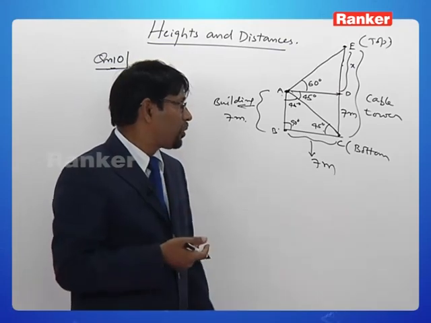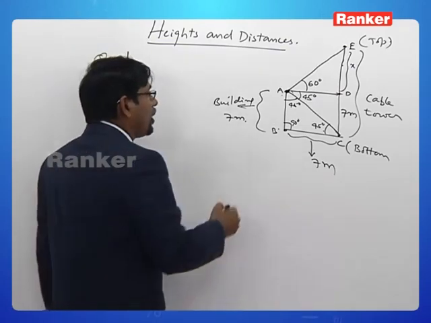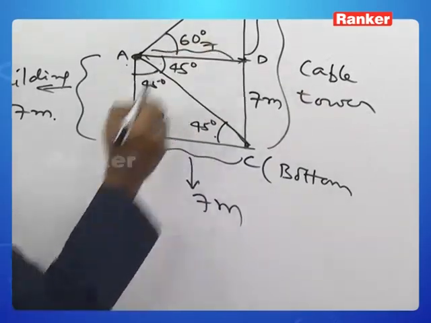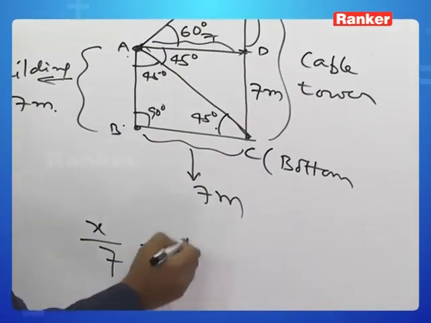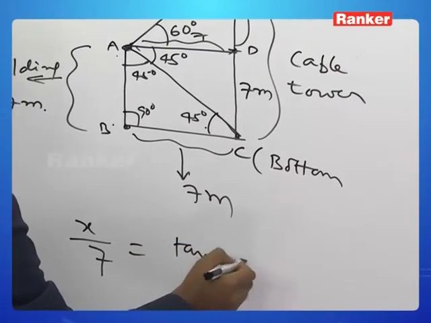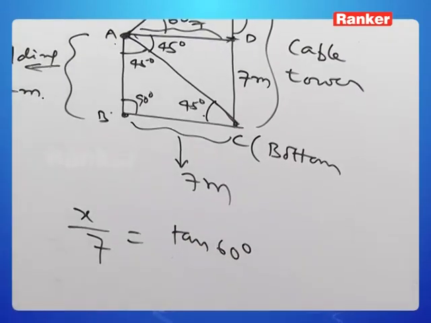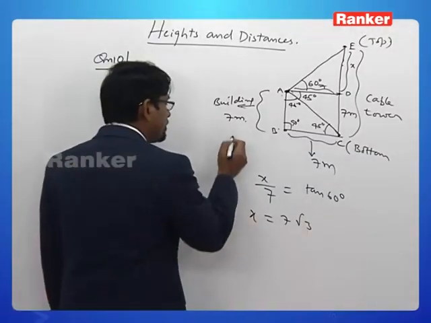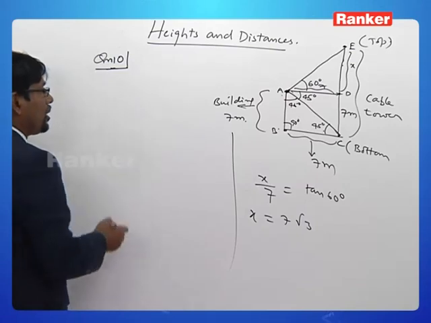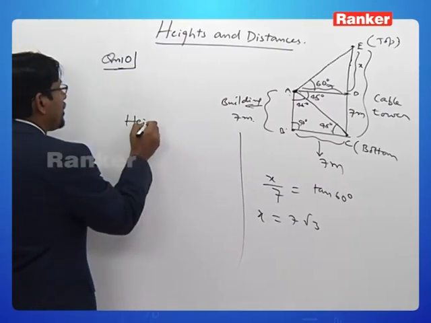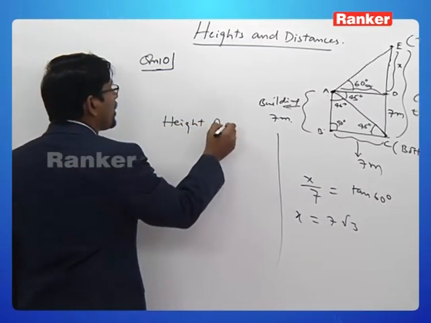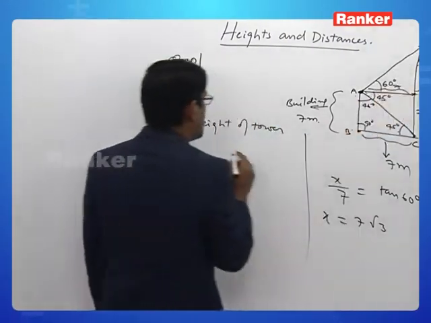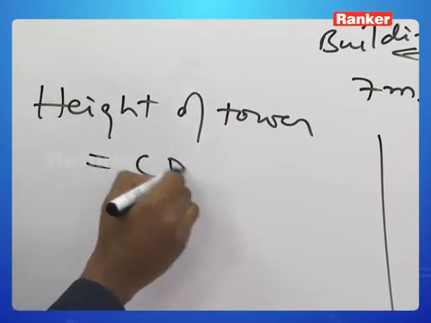So I need to find out x. Clearly, x by 7 is equal to tan 60. So x is 7 tan 60, that is 7 root 3. Therefore, the height of the tower, CE, is CD plus DE.